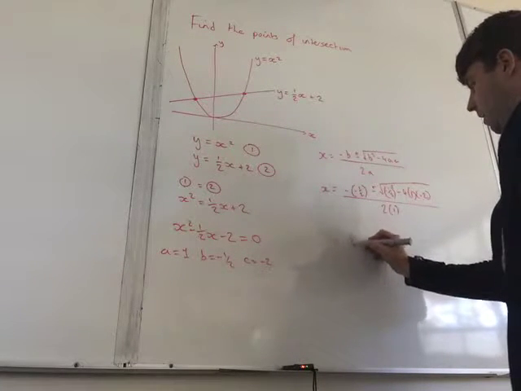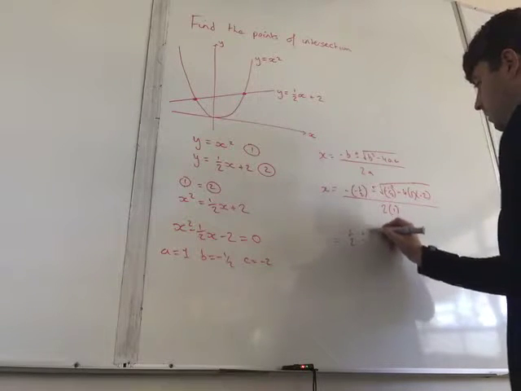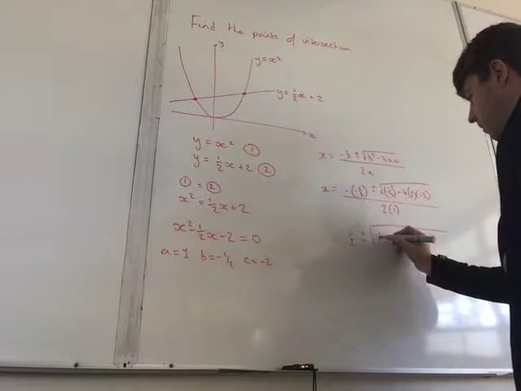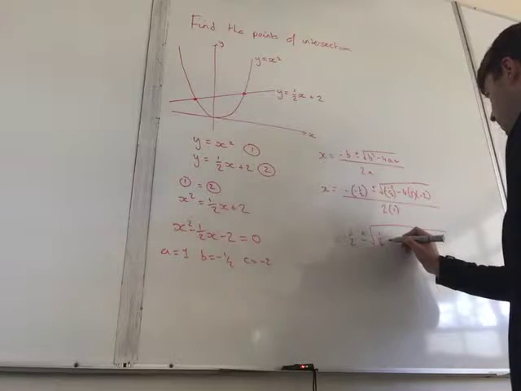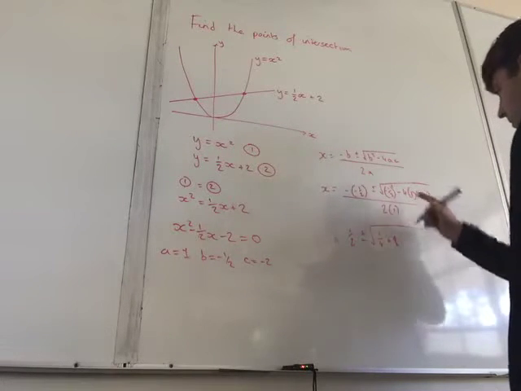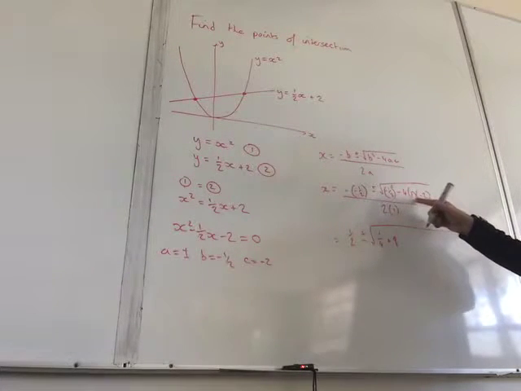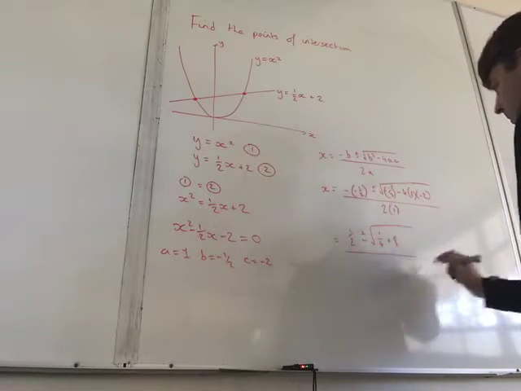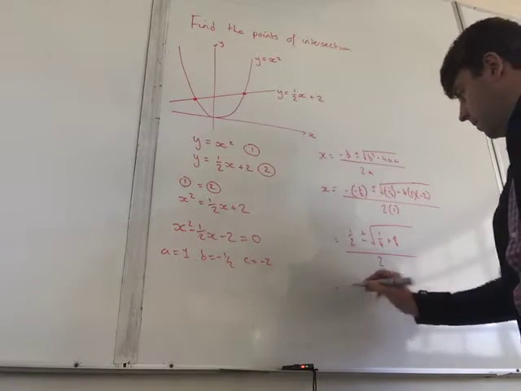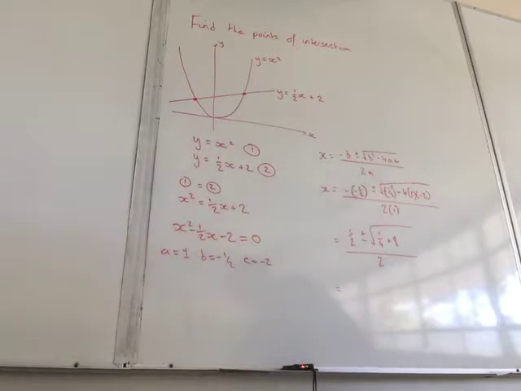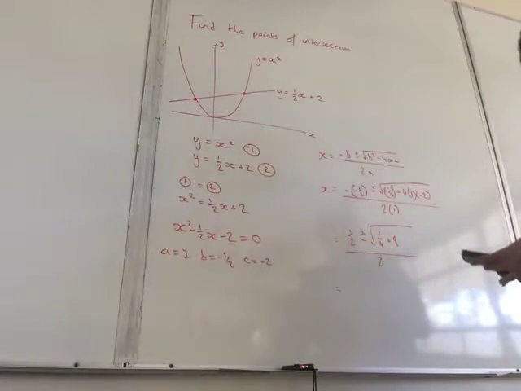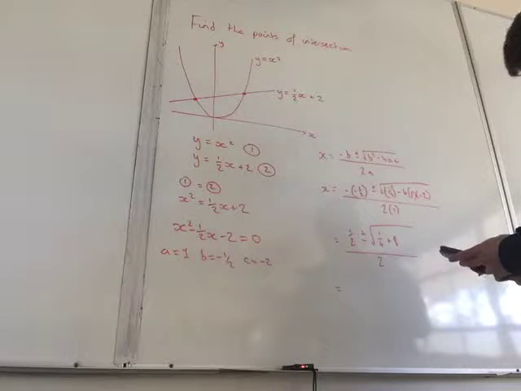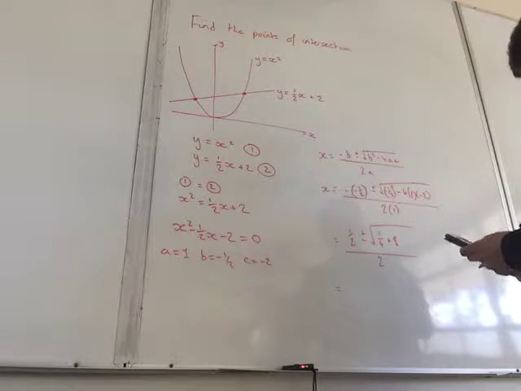So that gives me a half plus or minus the square root of a quarter plus 8, because minus 4 times 1 is minus 4, times minus 2 is positive 8, all over 2. I'm going to put that into my calculator. So I have 0.5 plus the root of 0.25 plus 8.